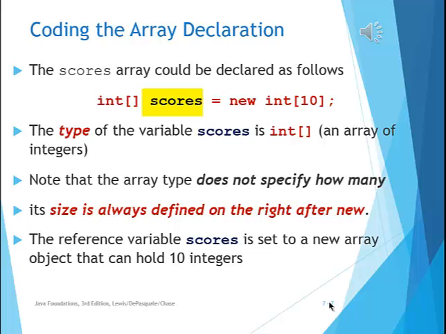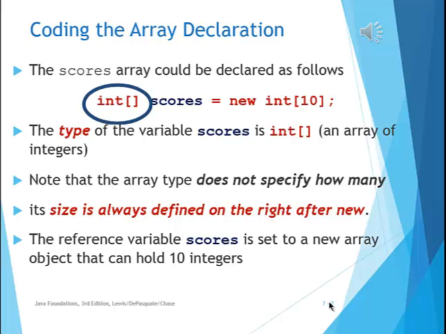This is followed by the identifier scores, our name for this array. We then initialize the scores array to hold 10 int elements by using the new operator followed by the type of element with the size of the array inside the brackets. This will allocate sequential memory space large enough to hold 10 integer values, 40 bytes of space.